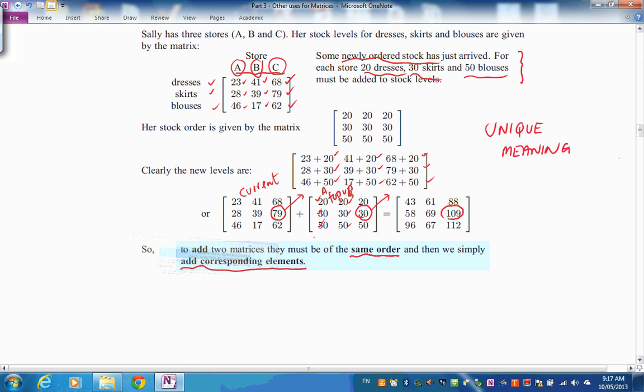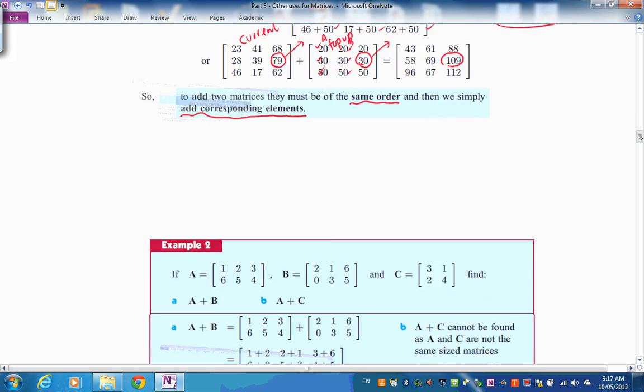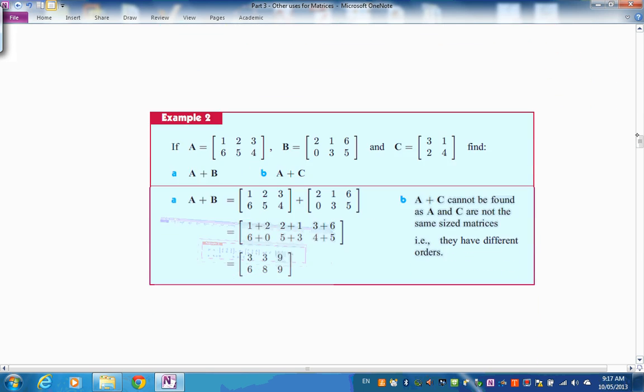Make sure, because of the unique meaning of each element, that you are not crossing over and adding up skirts and dresses. You wouldn't like to confuse your skirts and the dresses, would you? No. Bad. All right, let's go on and have a look at doing some problems.